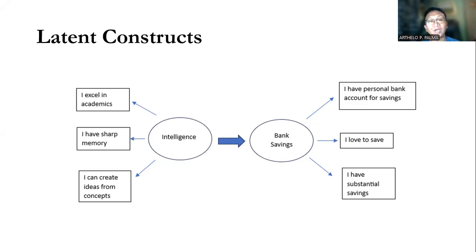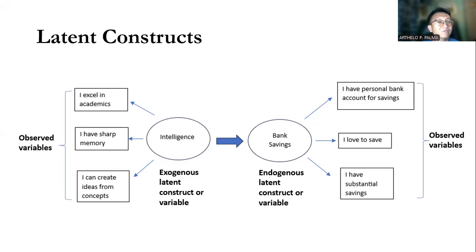Another latent construct or variable is bank savings, which can be measured by using these three statements here: I have a personal bank account for savings, I love to save, I have substantial savings. We have names for these latent constructs. The one that affects bank savings, which is intelligence, is what we call an exogenous latent construct or variable. These cannot be directly measured or observed, but can be measured using observed variables, the statements in the boxes.